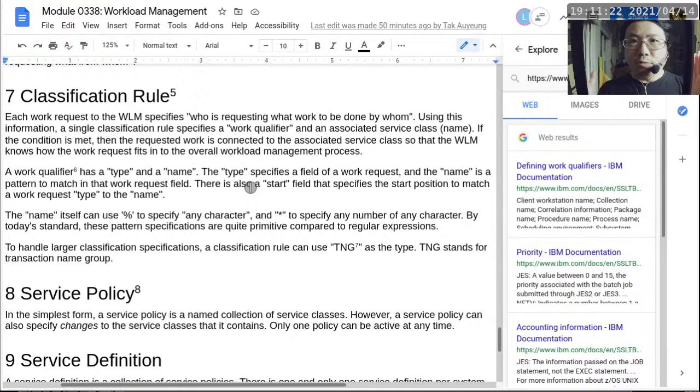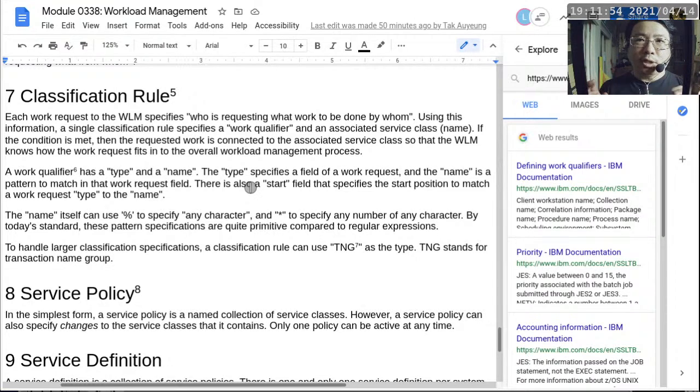But what do we do when the rule is matching? Whenever a rule matches, it is always linked to a service class. In this case, the name of the service class may be 20 plus. We just need to make sure that there's a name associated with the service class. Whatever the service class is defining in terms of performance goal, importance, and whatnot, that's a whole different story.